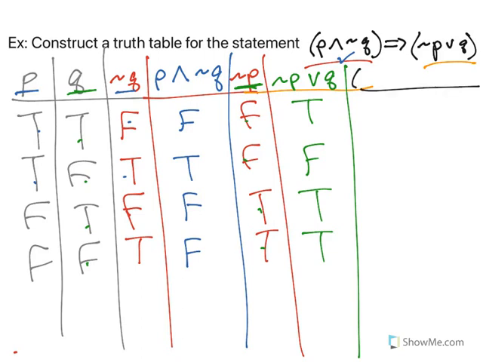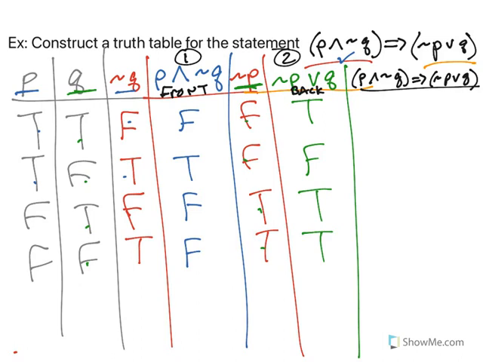Okay, and now we are ready for if P and not Q, then not P or Q, because I'm comparing these two together. So remember, with this conditional, it's only going to be false if the front end is true and the back end is false. So this here is the front and this is the back, based off of the order that they are here.